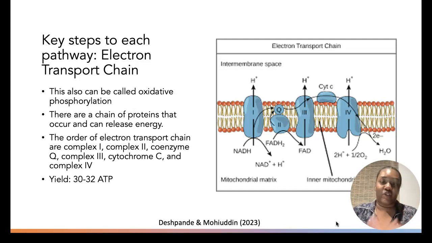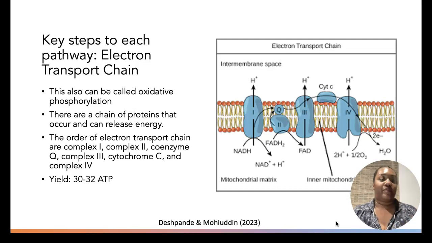I also have an illustration behind me indicating the way that the electron transport chain is utilized. It's a chain of proteins that can release energy. It also occurs in the inner membrane of the mitochondria, which you can see located behind me.